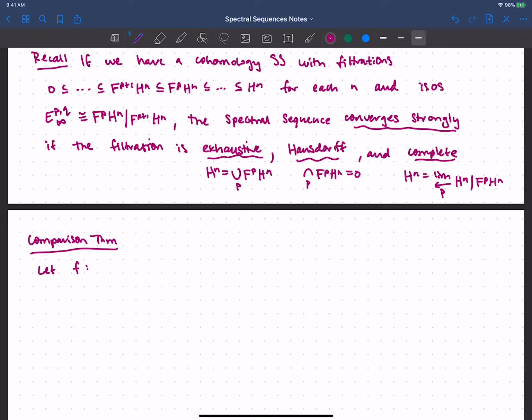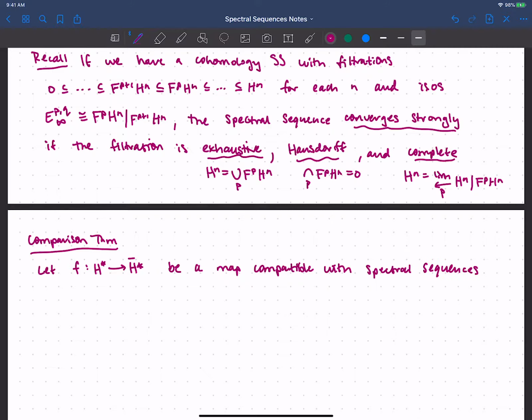So let's take a map from some cohomology groups to some other cohomology groups. And I want this to be a special map. So really I'm trying to get myself into a particular situation. I'm going to say this map is, in Weibel's words, compatible with some spectral sequences converging to these things.